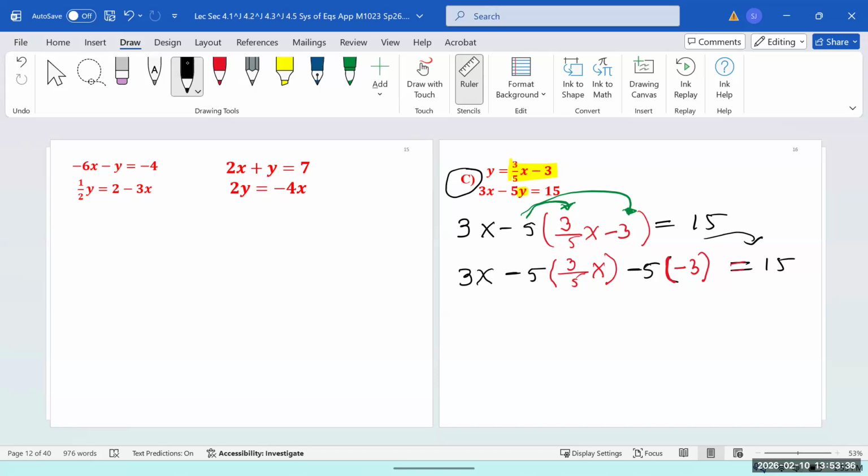Is this clear, guys? If you understood this, that means you are half correct. You already have learned everything. Now, the second thing, we are going to do cancellation because we don't like the denominator. The first, third, and last terms don't have a denominator. The only thing which has a denominator is the middle.